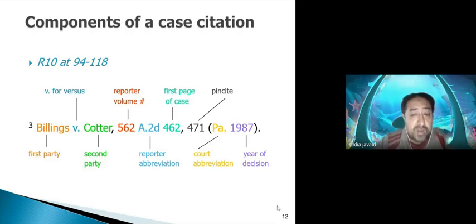The court abbreviation, for example P, can be Peninsula or any other city or court. 1987 is the year of decision, when this rule was passed by this court.